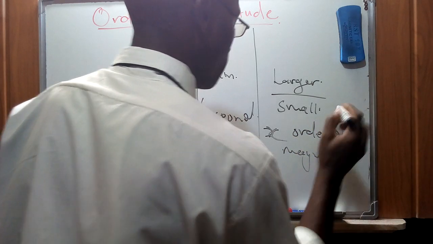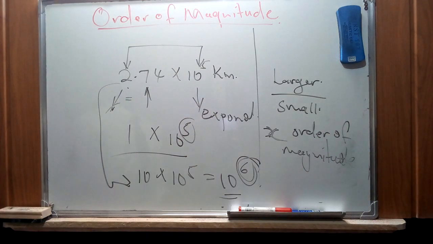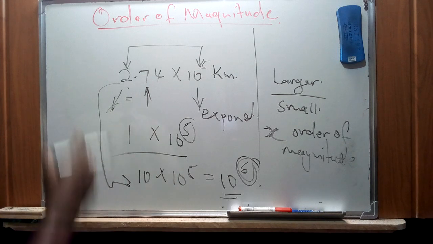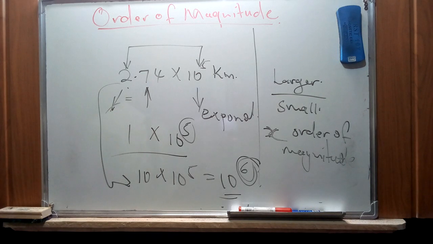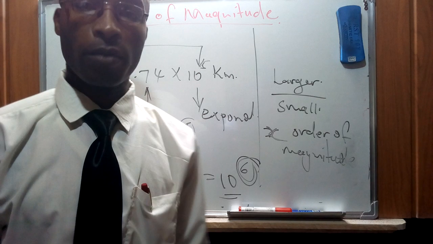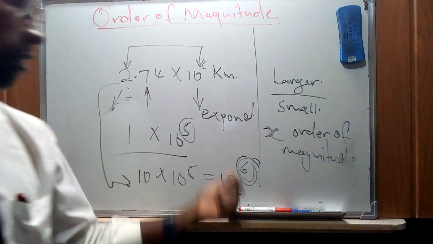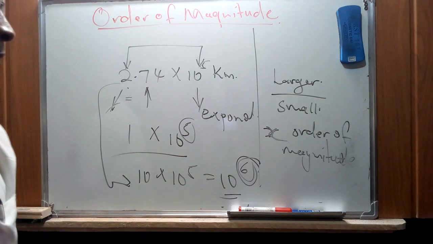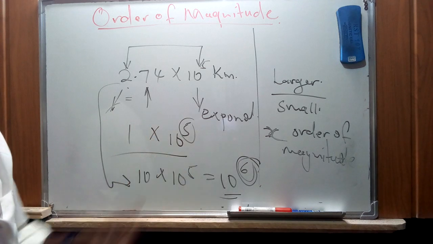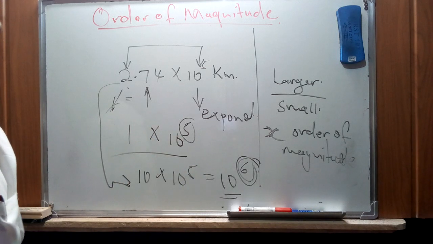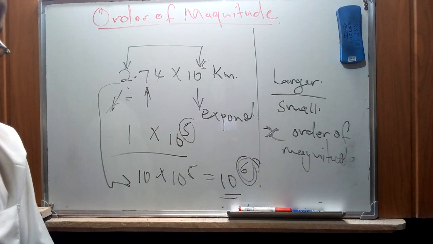That is the basic information that we had to get from here. I hope we have understood how we can express order of magnitude given different quantities. This is going to assist us in trying to find approximations of quantities which are very large, especially in measurement, and maybe trying to find distances and other quantities that need to be expressed in terms of order of magnitude.